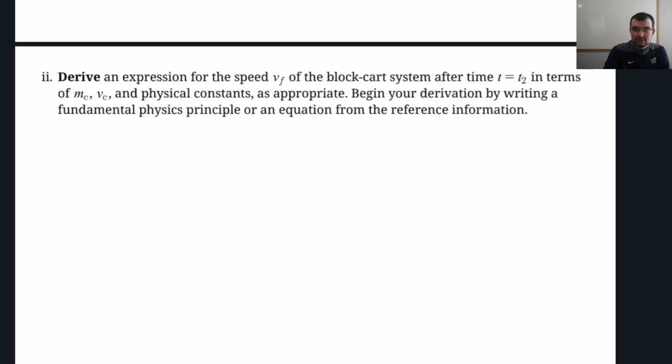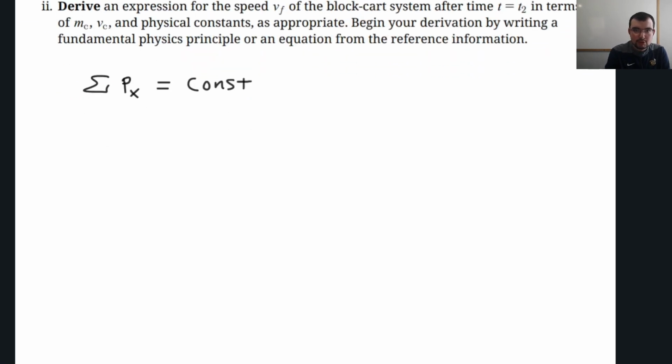Now we'll derive an expression for the speed of the cart after the collision occurs. For our derivation, since it's a collision, of course, we're going to use momentum conservation and the fact that the sum of the momentum in the x direction is going to be constant. So that means the momentum before has to equal the momentum after.